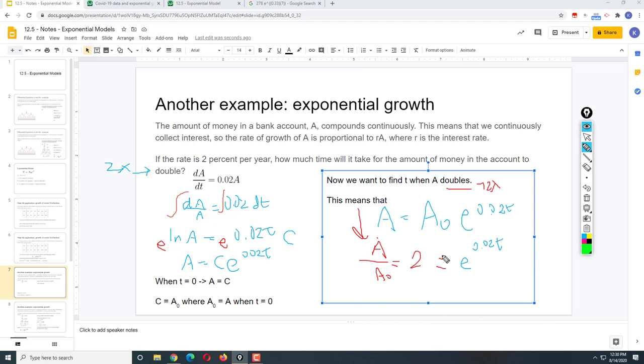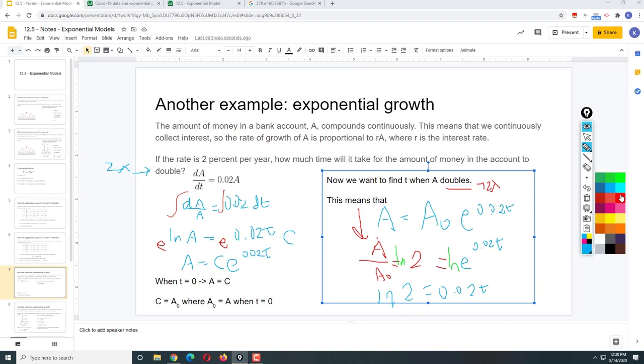I can take ln of both sides, take the natural log of both sides. When I do that, I end up with ln 2 equals 0.02t. Just be careful, it's not 2, it's ln of 2.